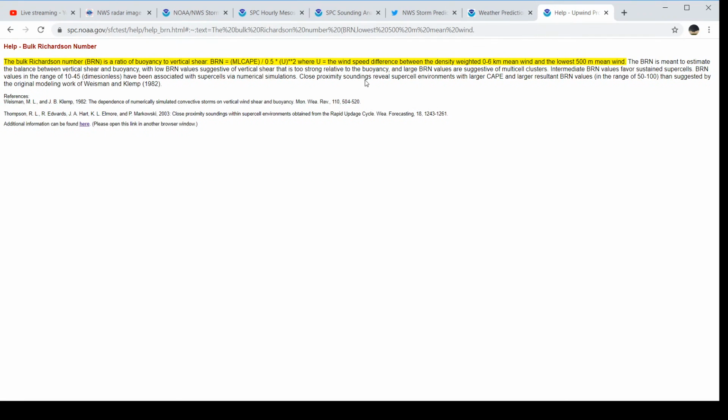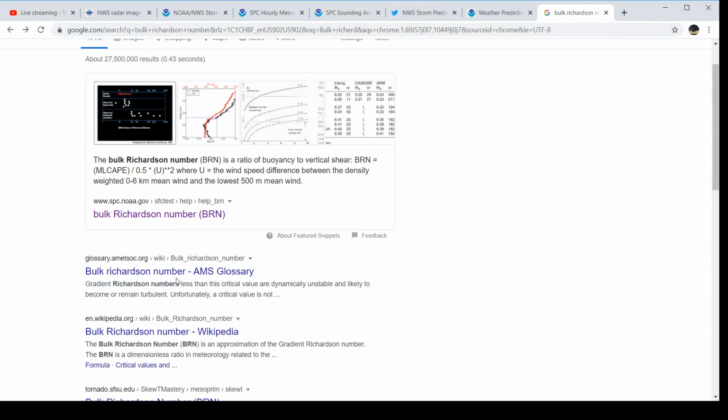Close proximity soundings reveal that supercell environments have larger CAPE and larger resulting BRN values, so larger CAPE equals higher BRN, in the range of 50 to 100, than suggested by the original model. So we're looking for anything between 10 to 45, maybe. I'm still learning this. This is a new thing I've been looking up and learning.